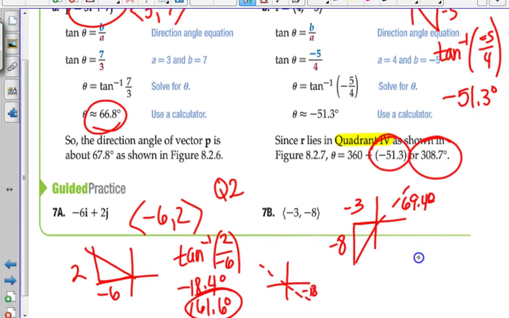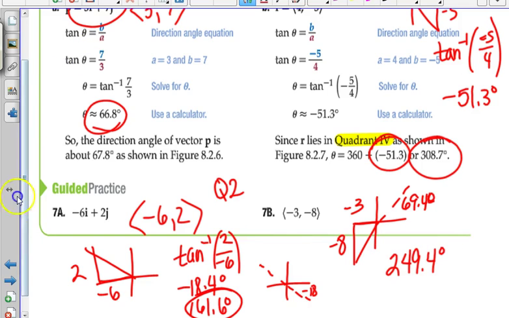Right quadrant? You just told me it was over here. How are we going to move that around to here? Add 180. And I can't add 180. What is that, guys? 249.4? I typed it wrong.